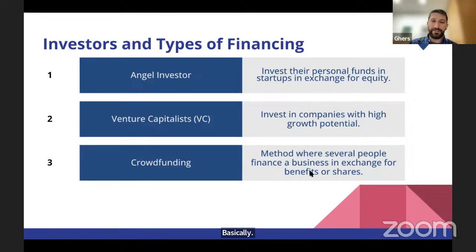It's usually internet sites in which a lot of people invest in a business that they like in exchange for shares of the business, but also can be in exchange for benefits, free products, free services of the business, etc. You might notice, of course, that we didn't include banks, but they also are a very important source of financing if your company is a more traditional company and has more stable income or stable prospects in the short term.